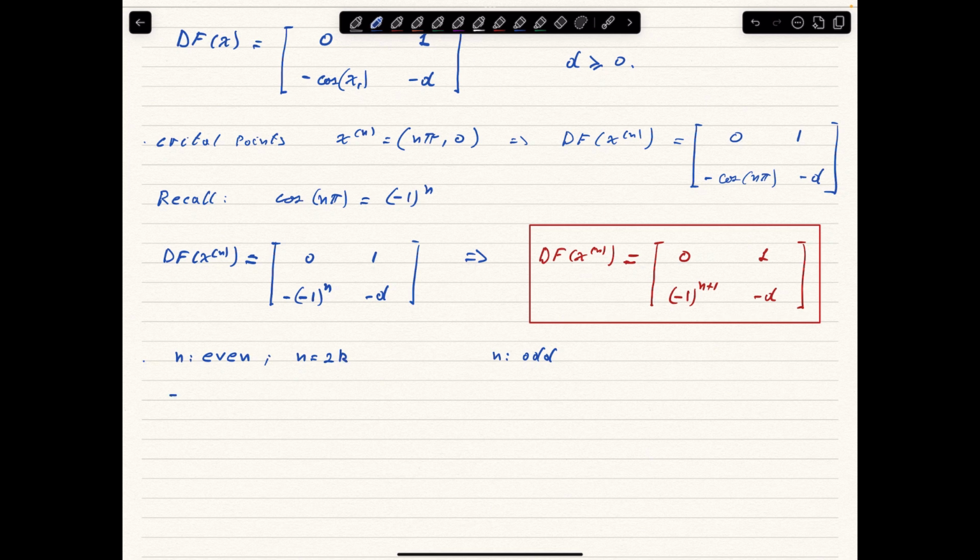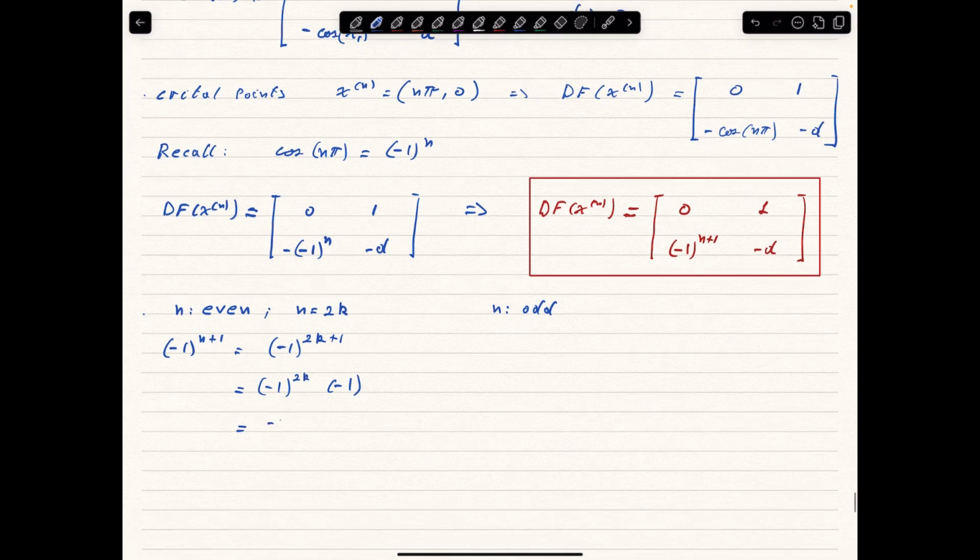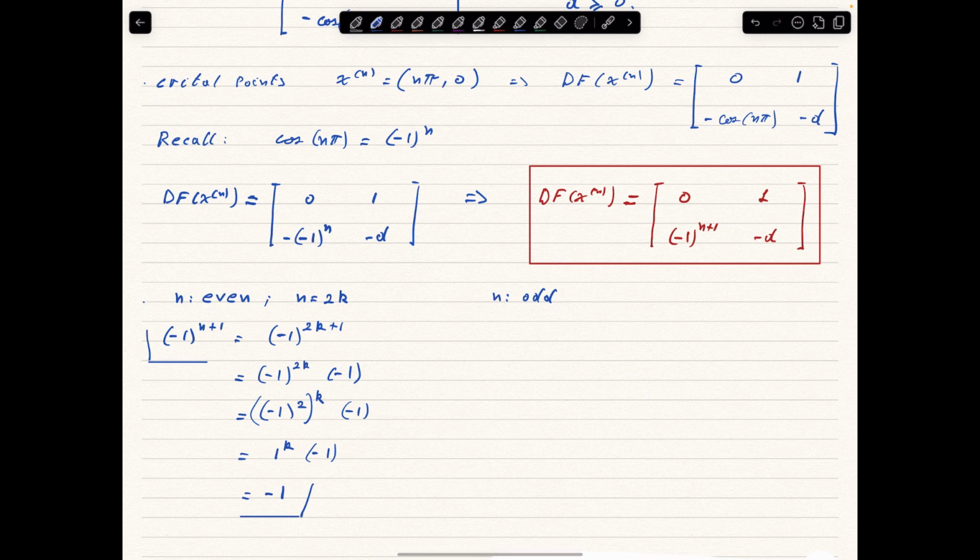We have that negative 1 to the power n plus 1 is equal to negative 1 to the power 2k plus 1, but this is the same as negative 1 to the power 2k times negative 1, which is the same as negative 1 squared to the power k times negative 1. But negative 1 squared is 1, so this is 1 to the power k, which is 1, multiplied by negative 1, so this is negative 1. All this calculation to say that for n even, this factor doesn't depend on n.